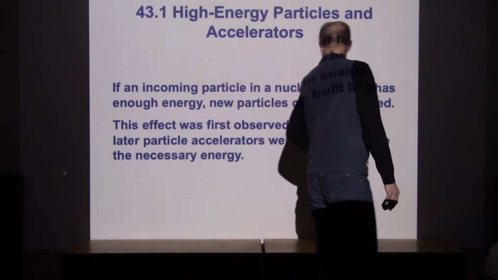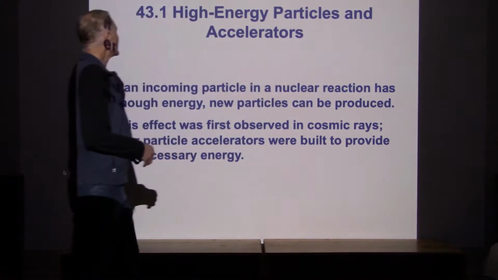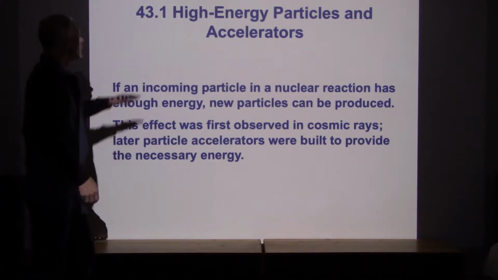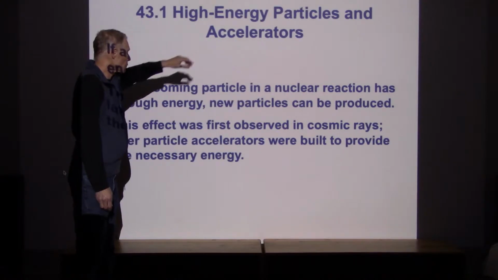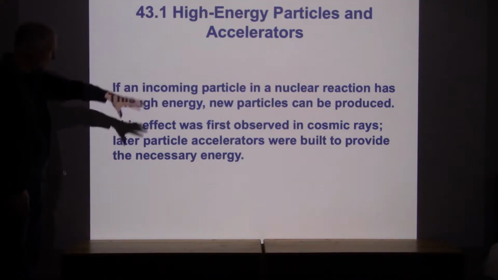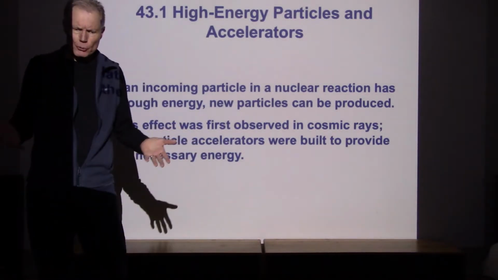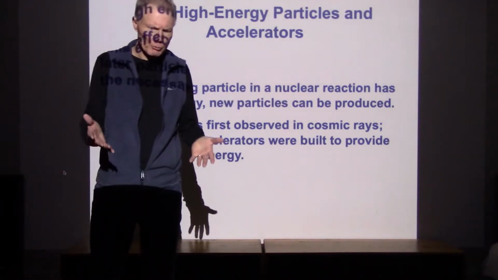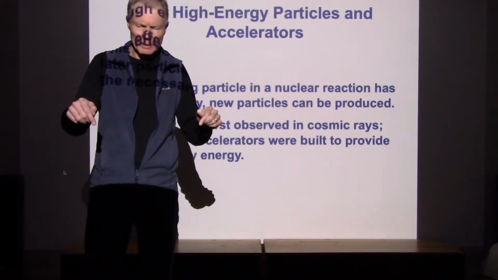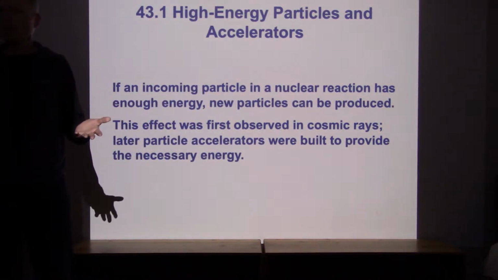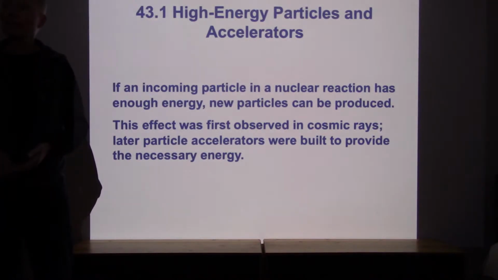So first of all, some of the machines that we've used in making these observations are particle accelerators. And what this slide is telling us is that early on, researchers could actually do measurements of high-energy particles coming in from outer space. We didn't know how to generate our own high-energy electrons or high-energy protons.